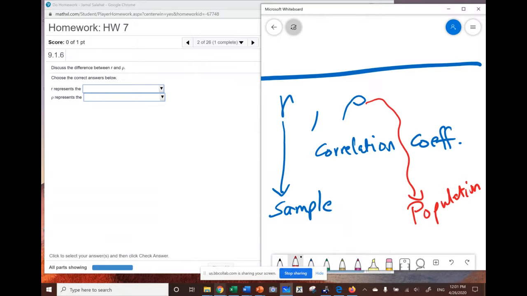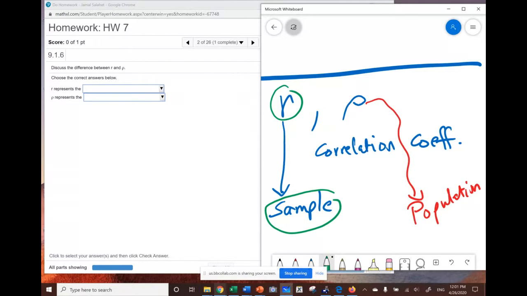If I'm trying to find if there is a relationship or correlation between two things, for example, about homes in a certain town, I cannot just go and survey all the homes. I will pick a sample, and if I'm working with a sample, then what I calculate is R, the correlation coefficient. Now, let's say that I'm in a small town where there's only 50 homes.